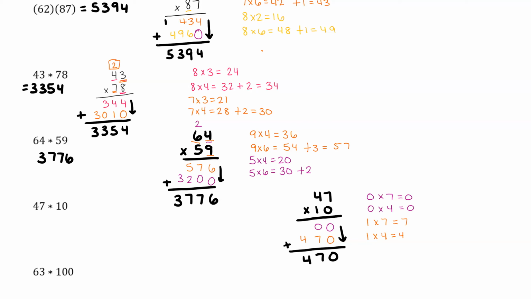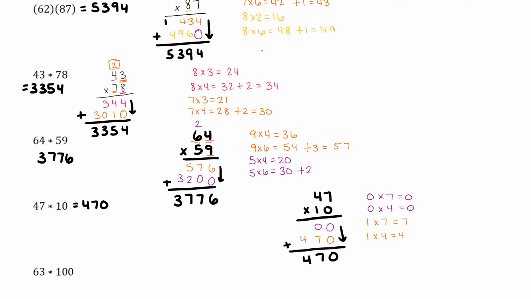When we did our times table, we decided that when you multiply by 10, you just tack a 0 at the end. And that's exactly what happened here. We did the actual math, but it just came out to 47 with a 0 tacked on at the end. So that's a shortcut. 47 times 10 makes 470.